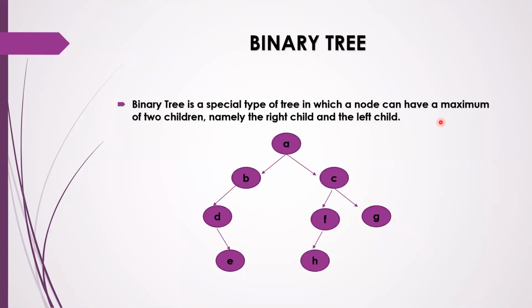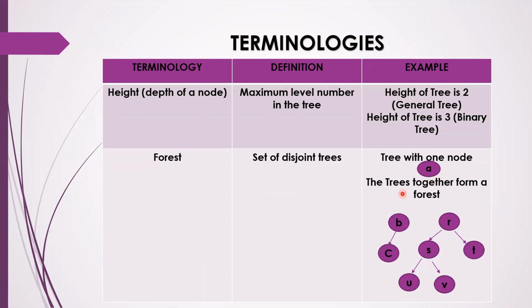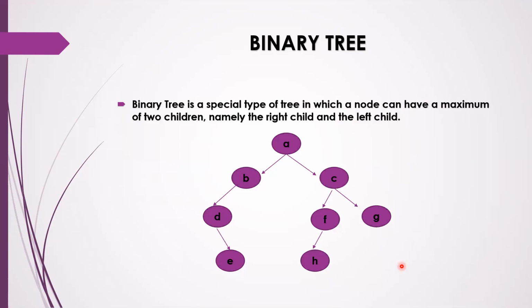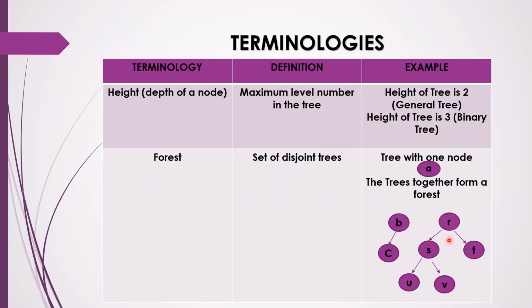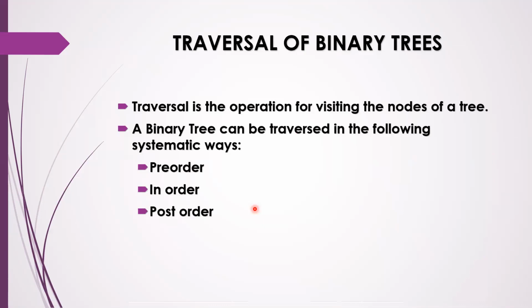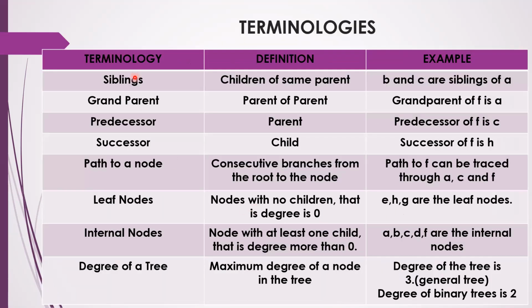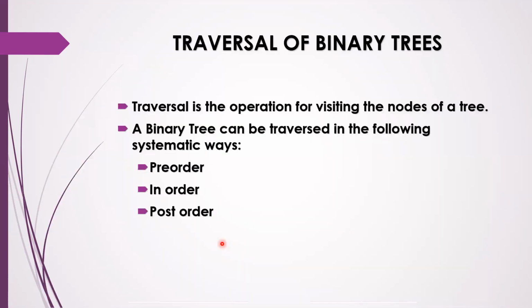Like A can be a separate tree with one node, B, C can be separate, and R, S, T. All these together form the forest. So we saw what is sibling, grandparent, predecessor, successor, path to a node, leaf nodes, internal nodes, degree of a tree, height of a tree, and forest.